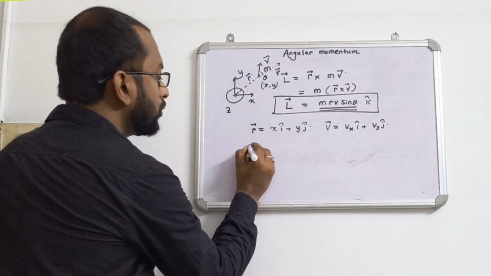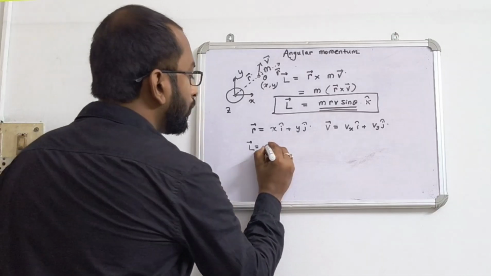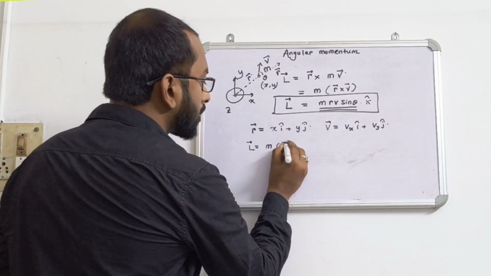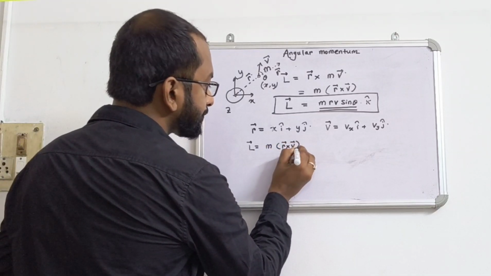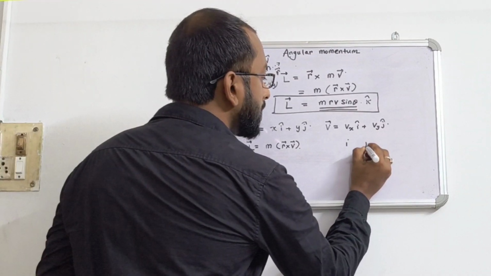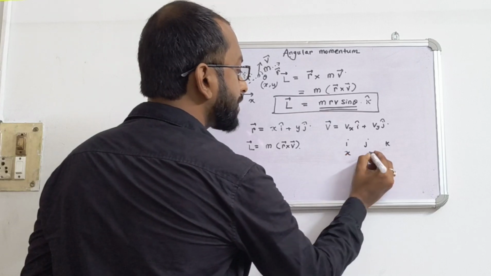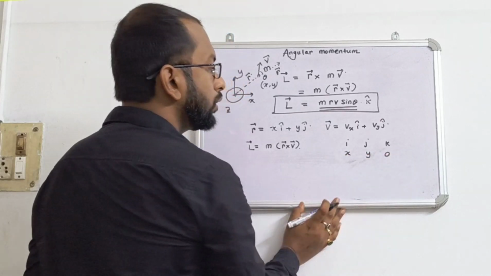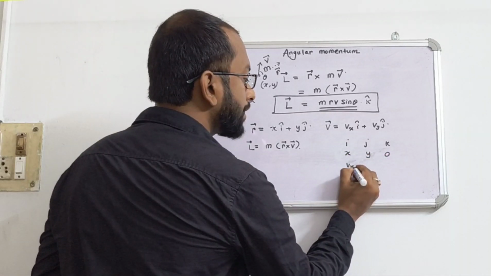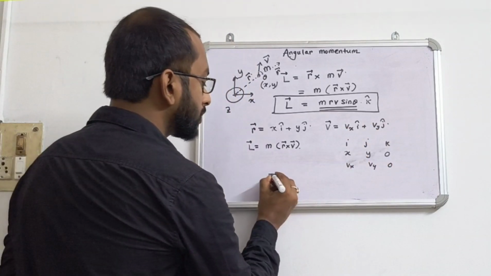So what is the value of angular momentum L? We can directly do the cross product, r cross v. We write i, j, k, then x, y, 0, then vx, vy, 0.